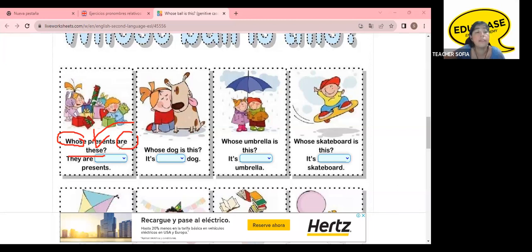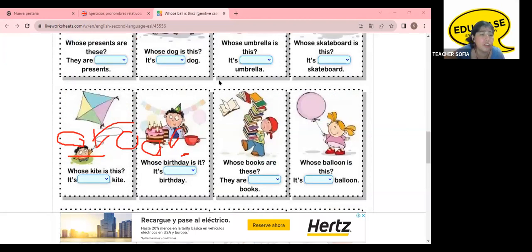Whose presents are these? Whose dog is this? Again, the W word and the object. What am I talking about? What am I looking for the owner of? Whose dog is this? Whose umbrella is this? Whose skateboard is this? All the questions are repetition.